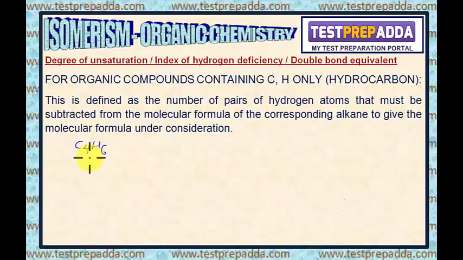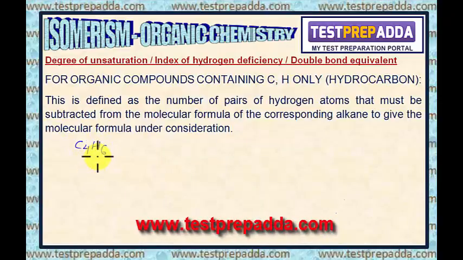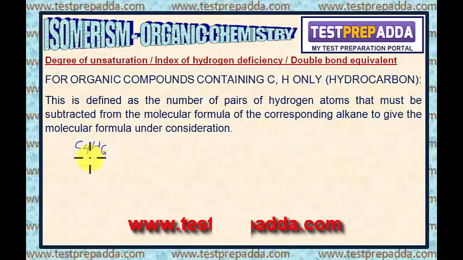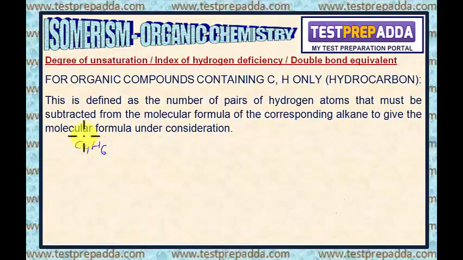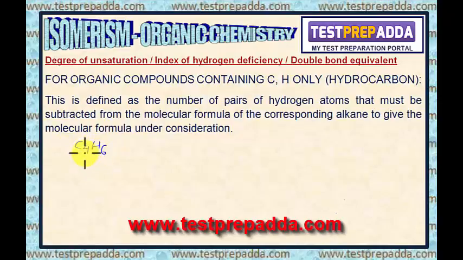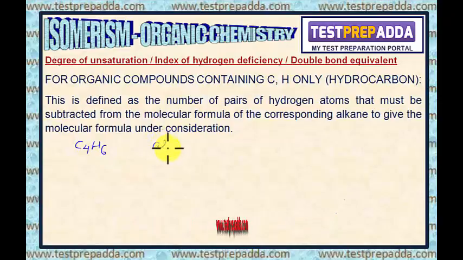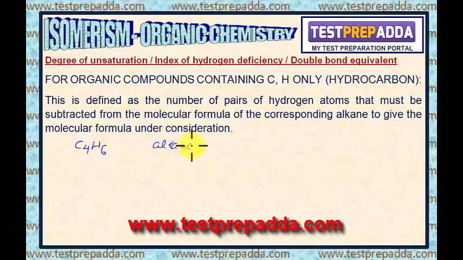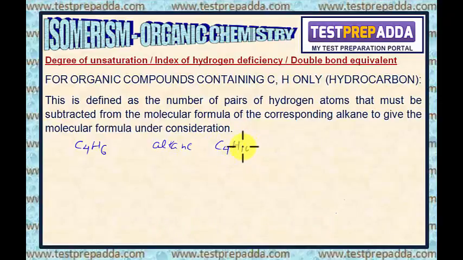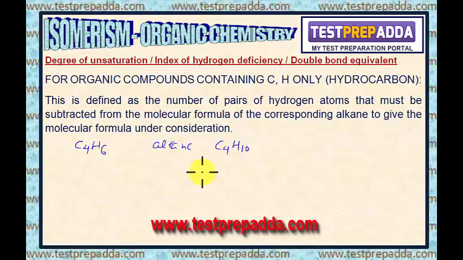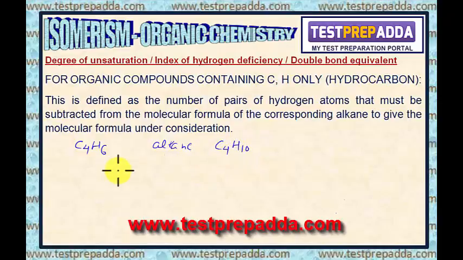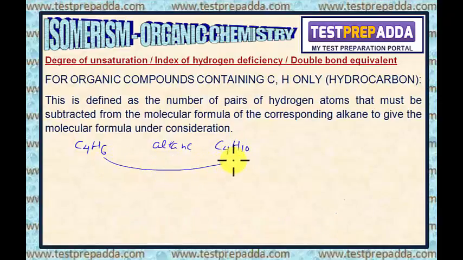Here, if we want to find the degree of unsaturation, first we will write the corresponding alkane. How many carbon atoms are there? 4. So the corresponding alkane will be C4H10, CnH2n plus 2. Now see the difference in the number of hydrogen atoms.